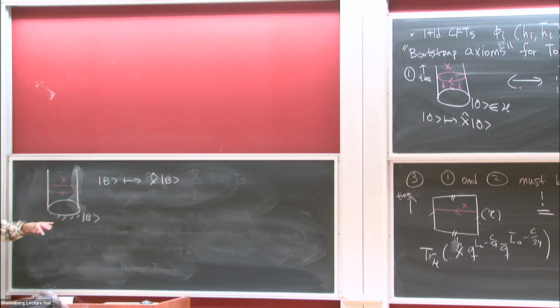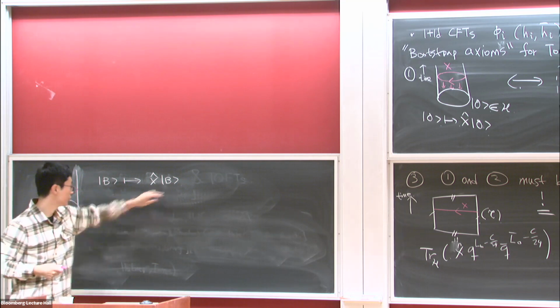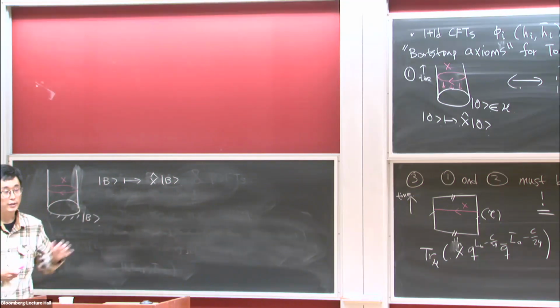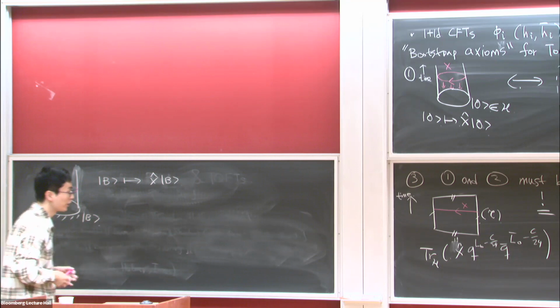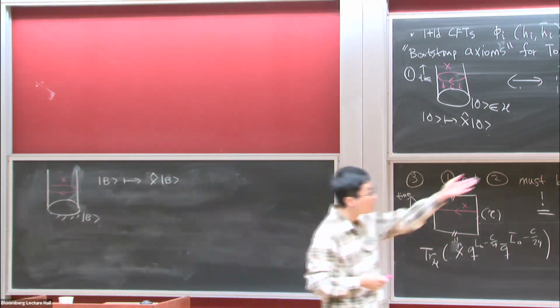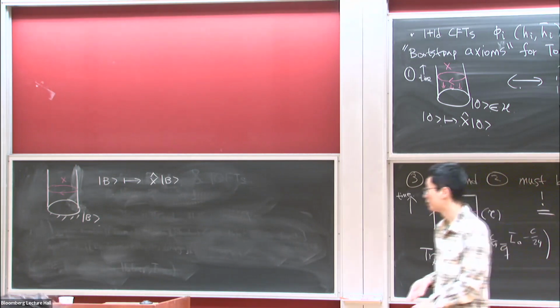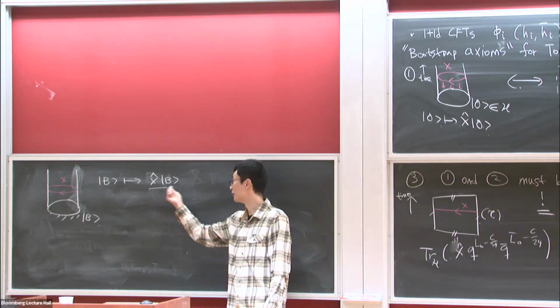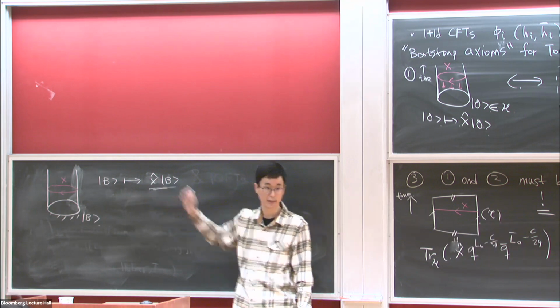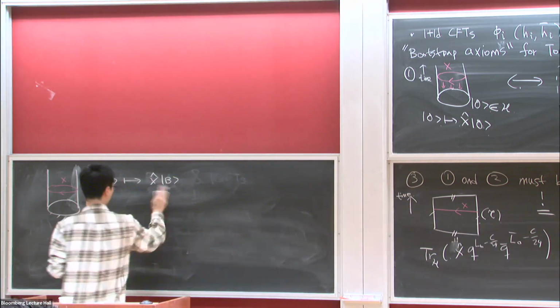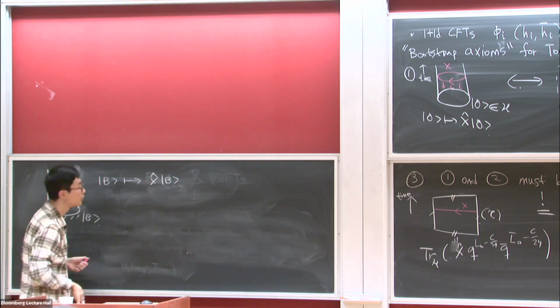So in general, because we are fusing a topological line operator to a conformal boundary condition, we expect the result to also define a conformal boundary condition. And in fact, if you look at, for instance, the first condition for the conformal boundary condition, that's satisfied by this new guy, because this X hat commutes with all the Virasoro generators. The claim is that this is also a Cardy state.